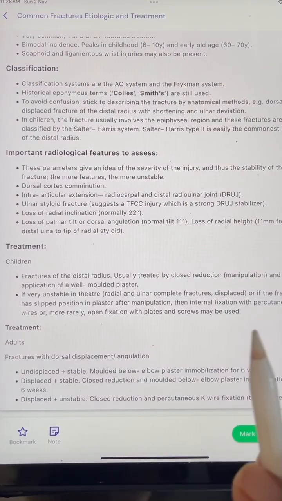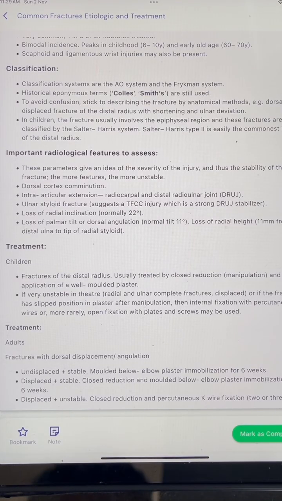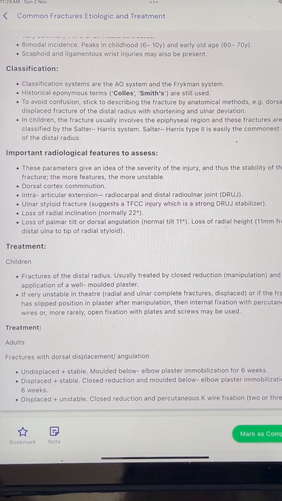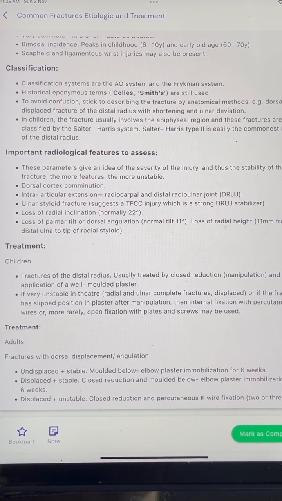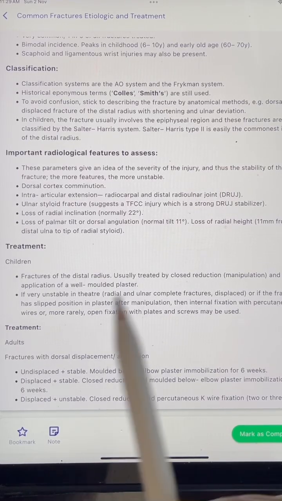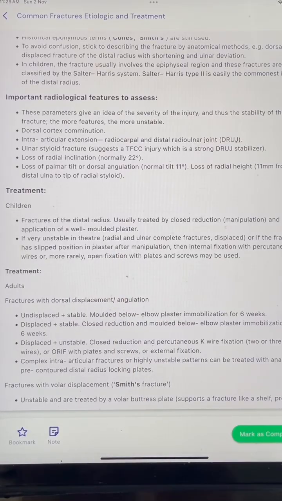Now what is the treatment in children? The distal radius is usually treated by closed reduction. In children, closed reduction, manipulation, application of well-moulded plaster.